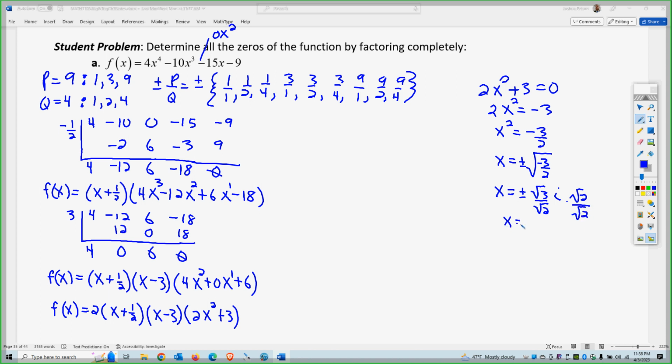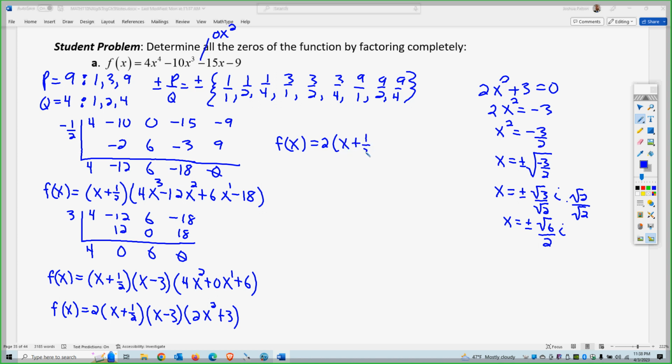So x equals plus or minus root 6 over 2i. Okay, so that actually works a little bit better because the root 2 times root 2 is root 4, which is actually square root of 2. Okay, so if you actually factor it out, f of x equals, what do we have here? 2, and then x plus 1/2.